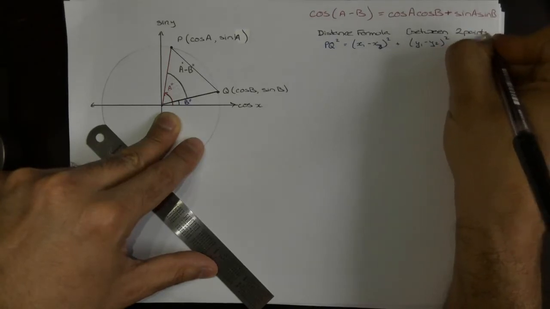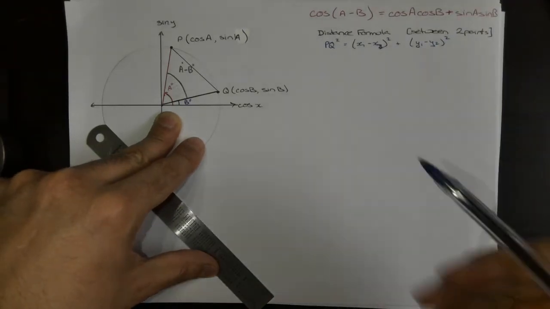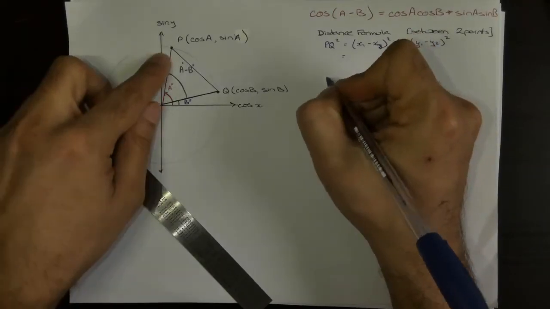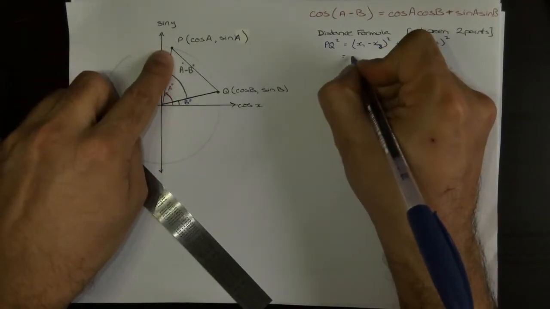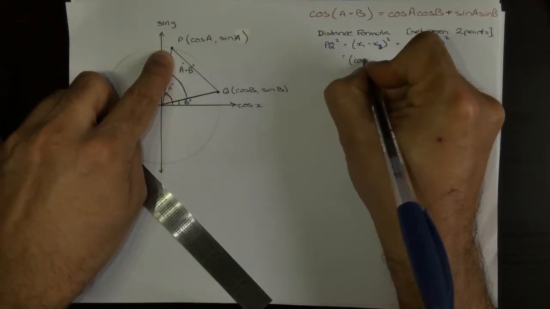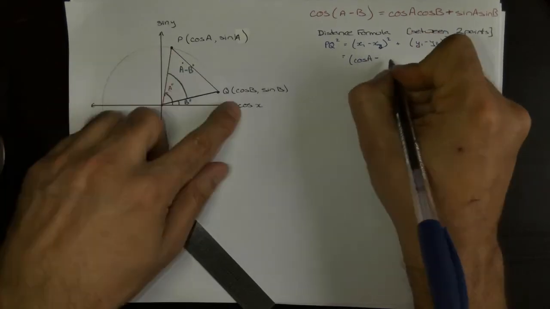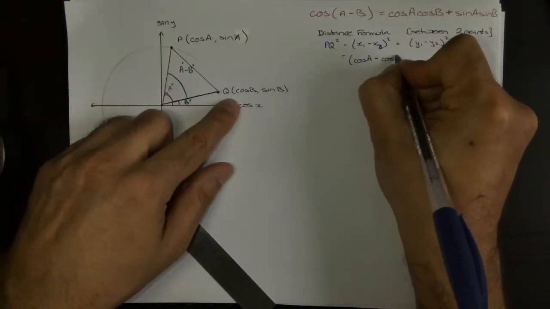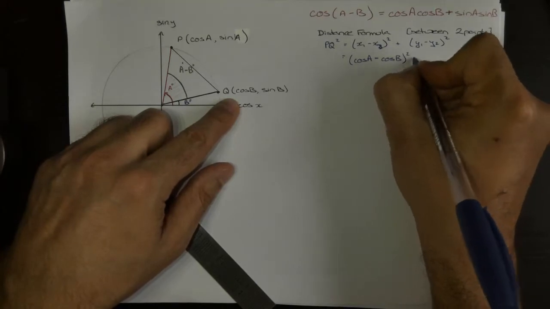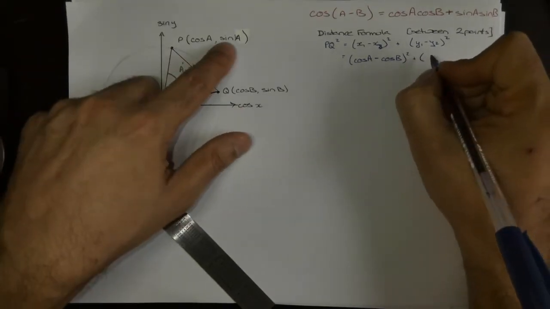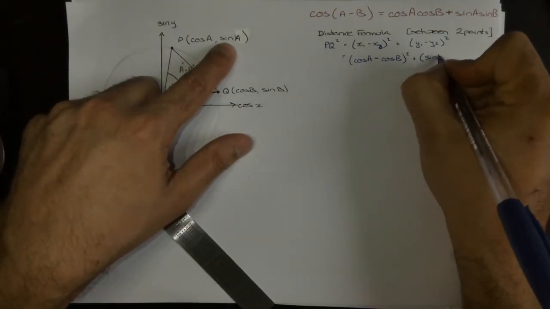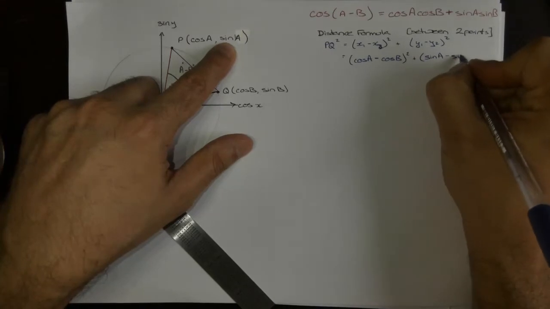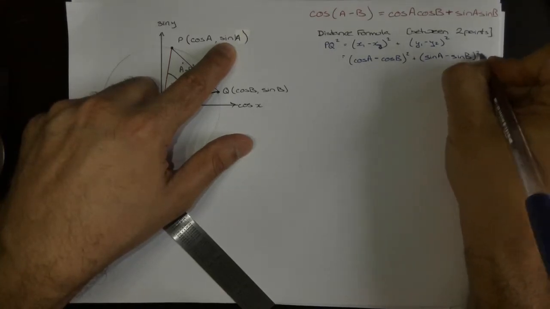So our x-coordinate is going to be cos A, and we're going to minus cos B from it, and we're going to add the difference in the y-coordinates, sine A minus sine B, squared.